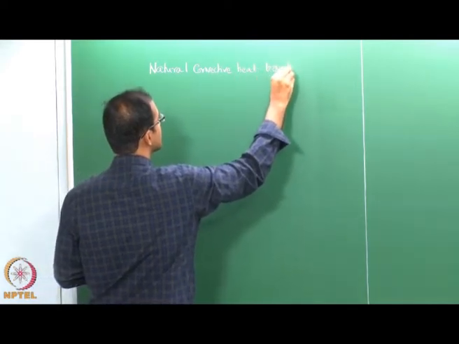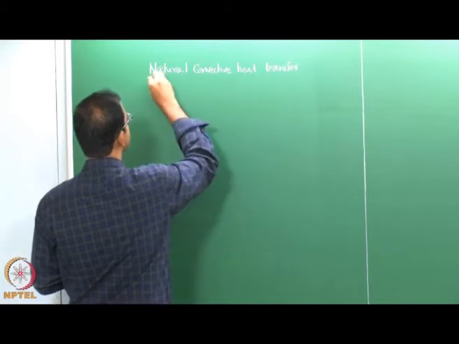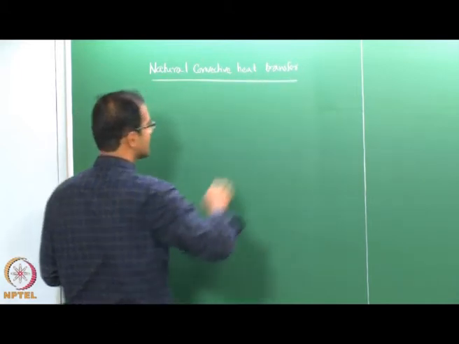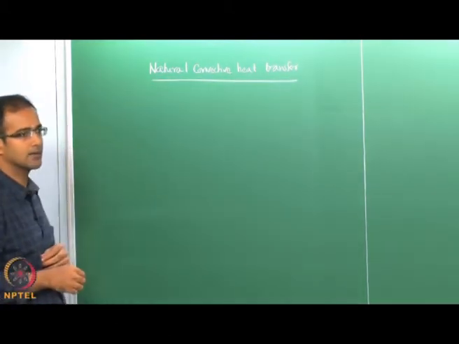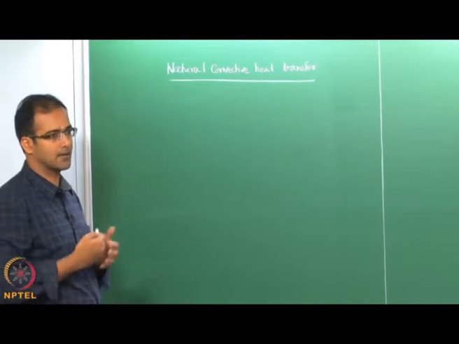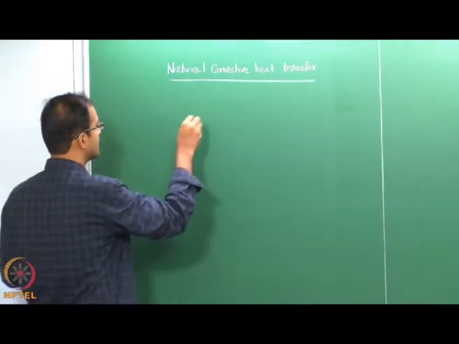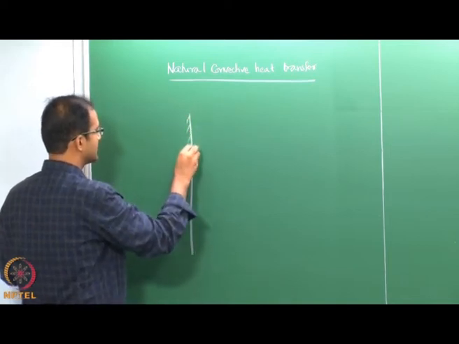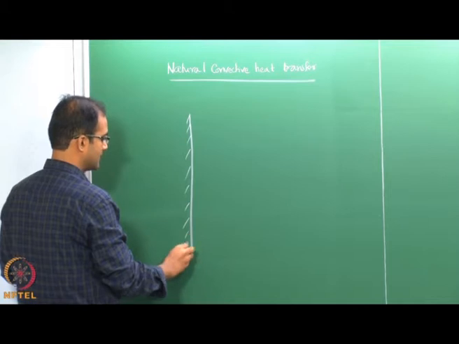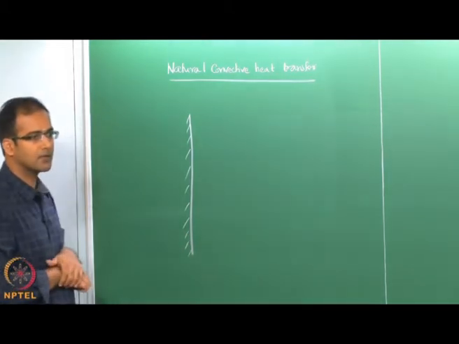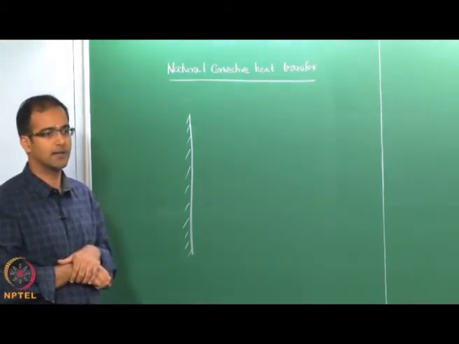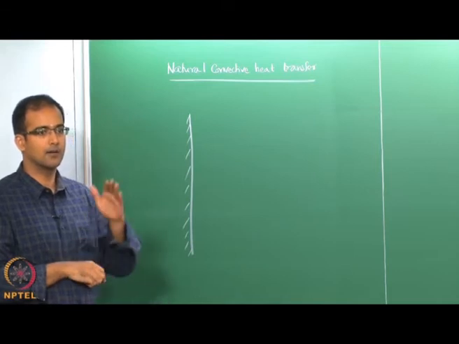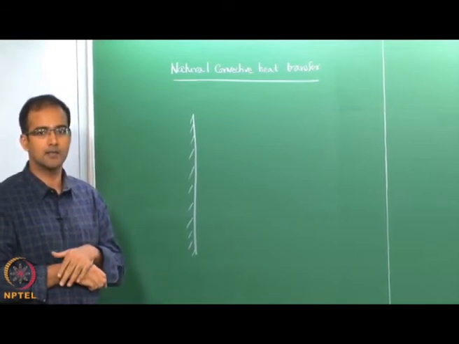So, what is the fundamental physics behind natural convective heat transfer, or the driving force behind natural convection? We will look at the example of a simple flat plate which is aligned vertically. In the case of external forced convection, it does not matter whether you have a flat plate placed vertically or horizontally.